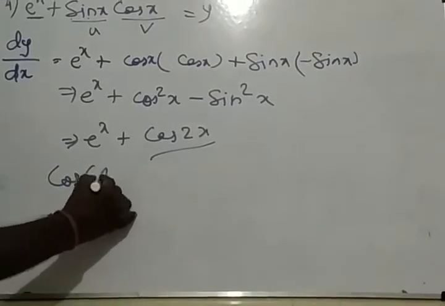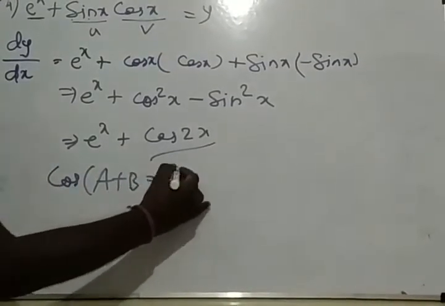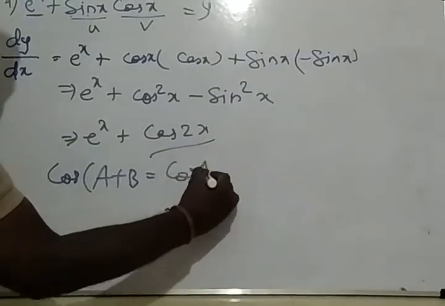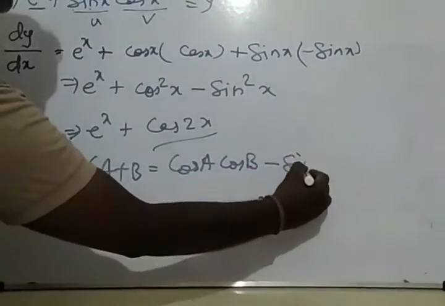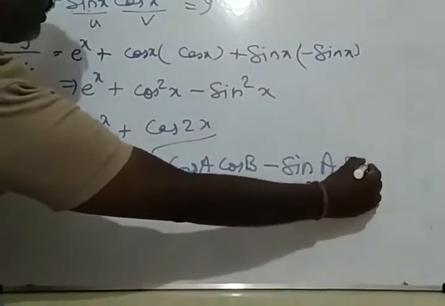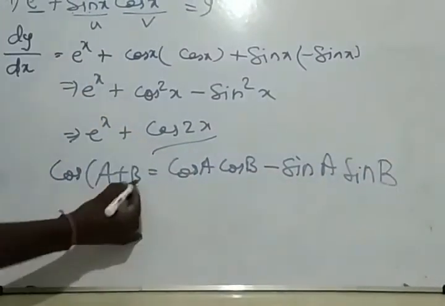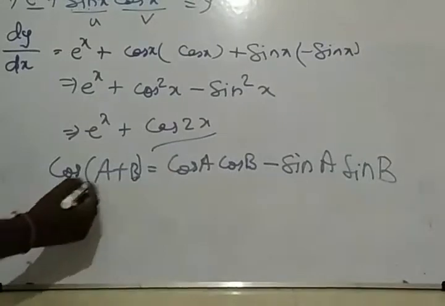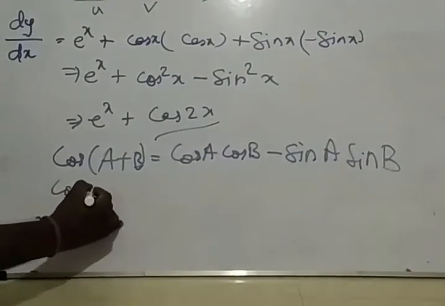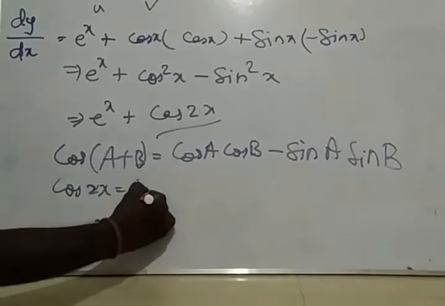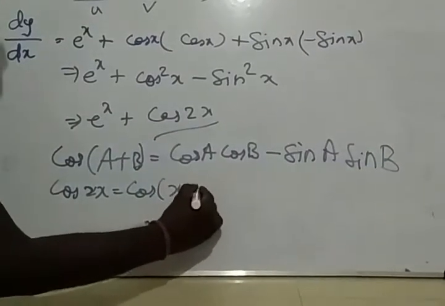How? We know cos of a plus b is cos a cos b minus sin a sin b. For cos 2x, you put cos of x plus x.